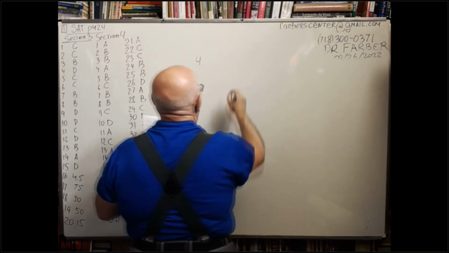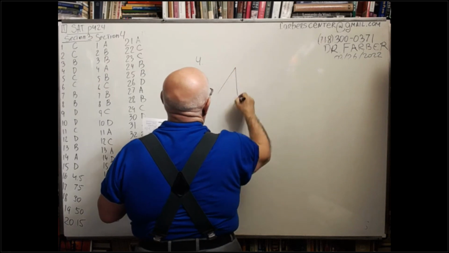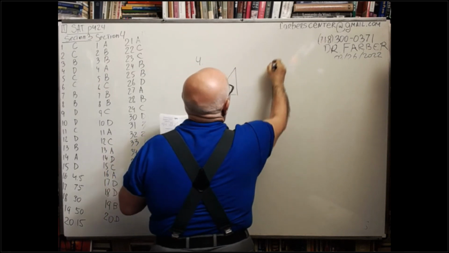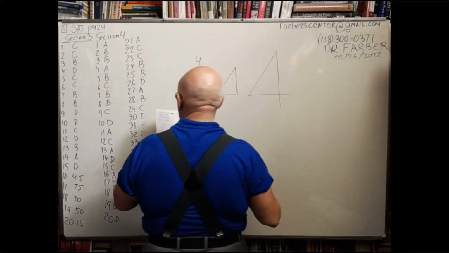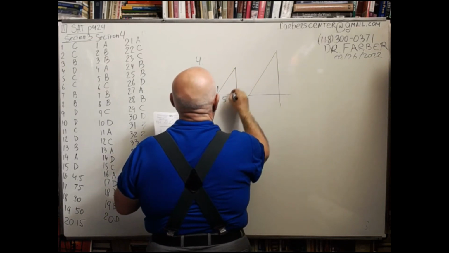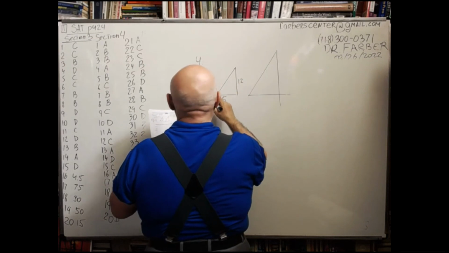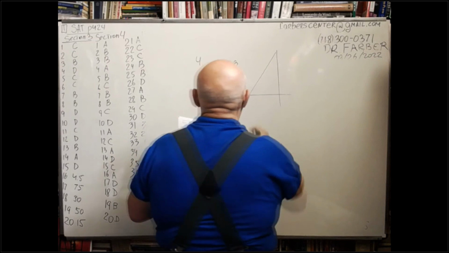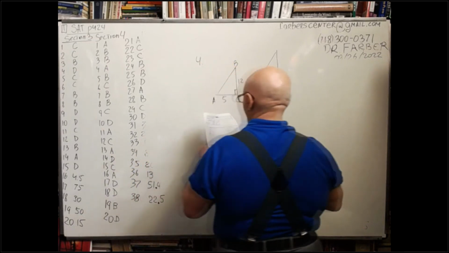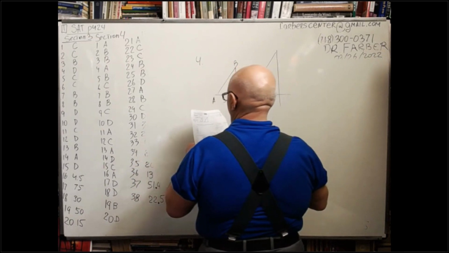In this one, you have two triangles, small and bigger. And this 5, 12 is ABC. This right angle. And this is FDE.